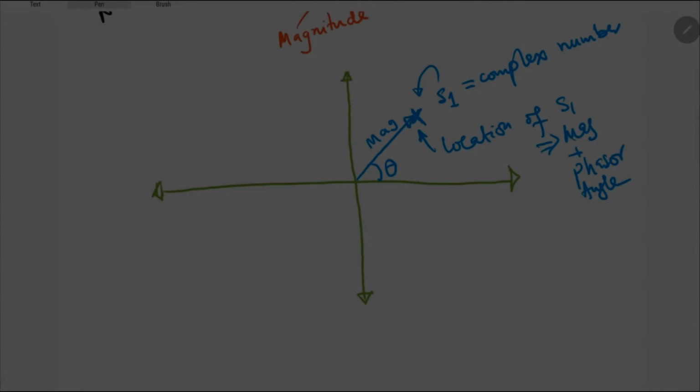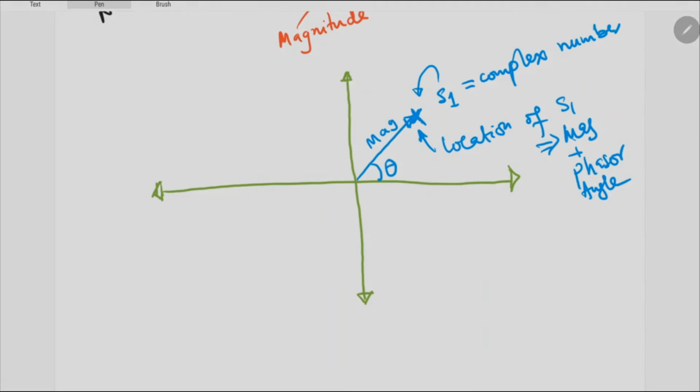With the knowledge of magnitude and the phasor, we can now locate any point in this plane, right? Let's say if it is here, we can just do this. If this point is here, we can do this.